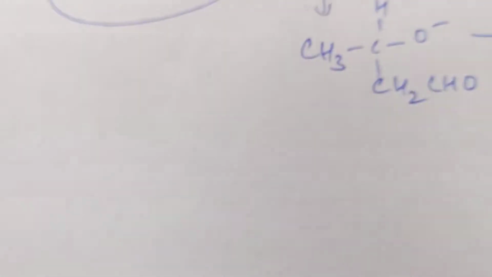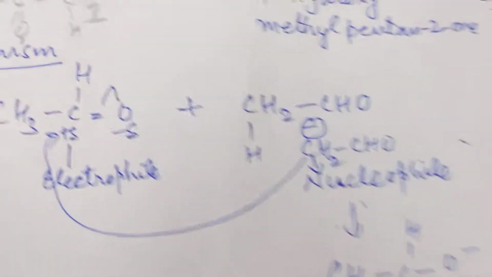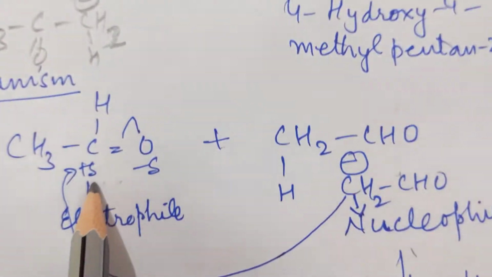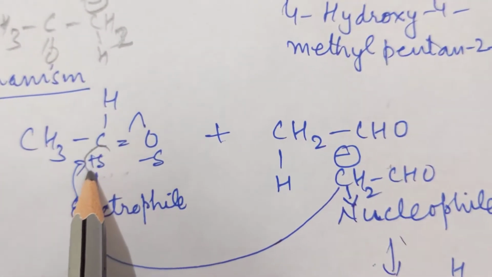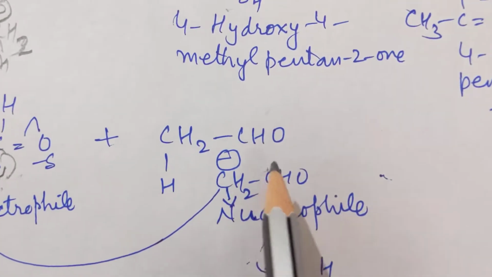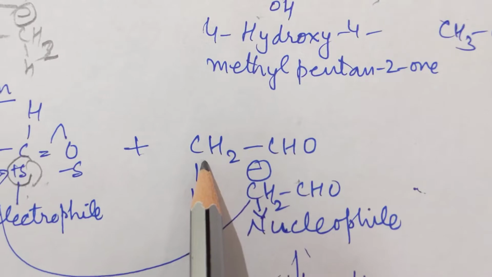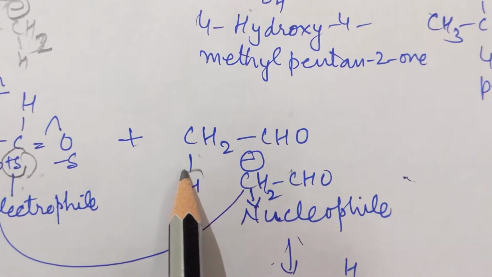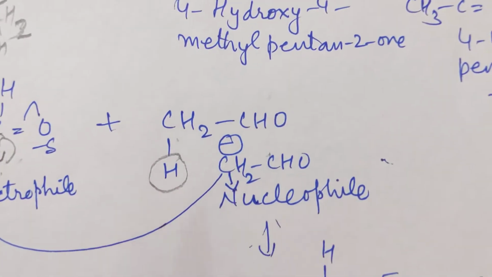Once again, see, we have two molecules of ethanal. In one carbonyl group, the carbon atom is electrophile. In another, the alpha carbon is nucleophile because it has lost hydrogen to a base.